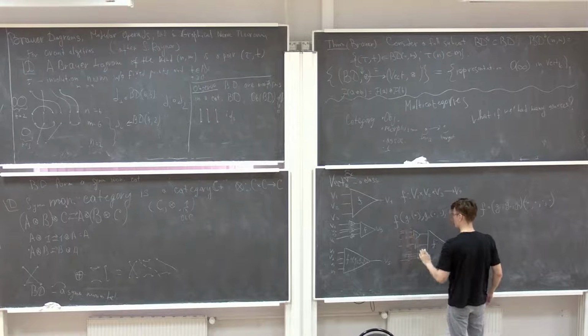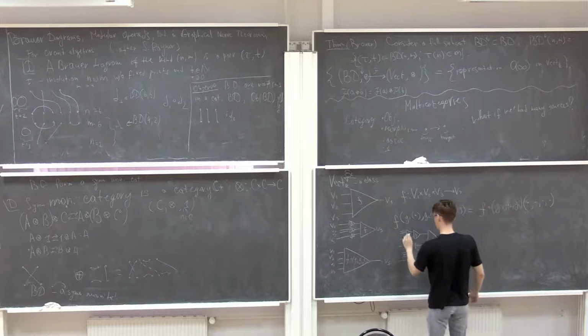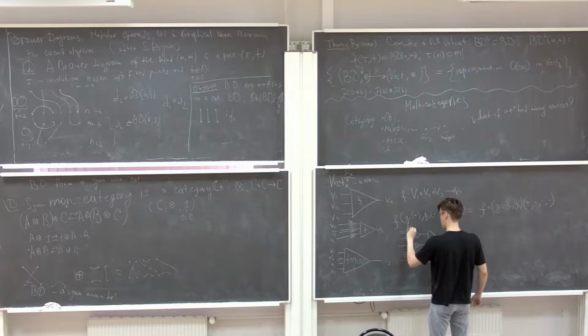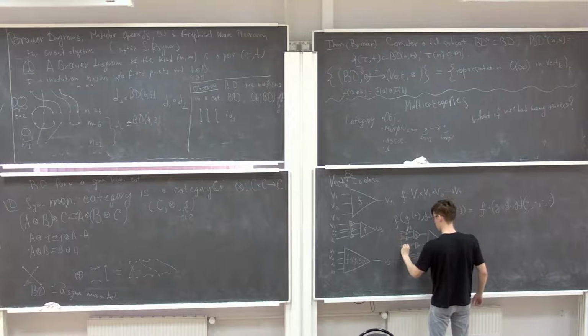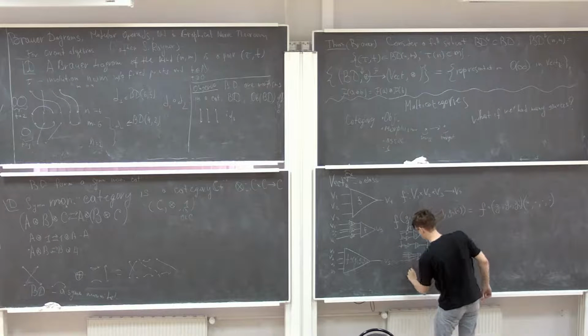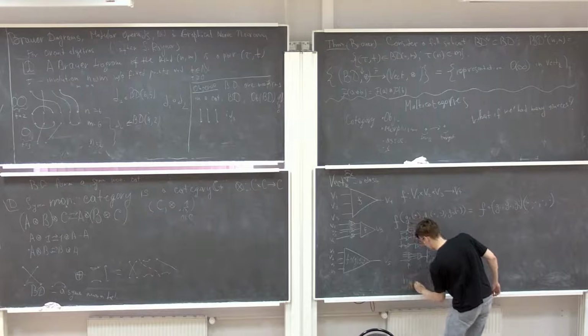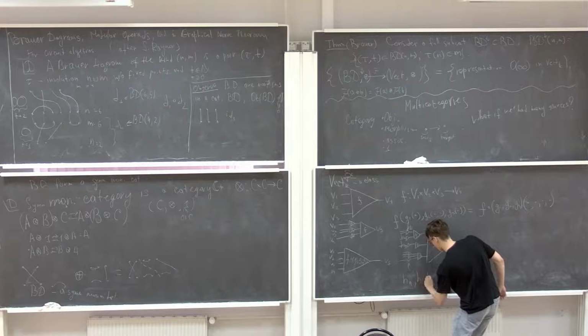I should draw something larger. H1, H2, H3, and here are H4, H5, and H6.